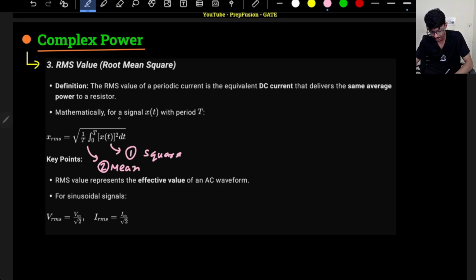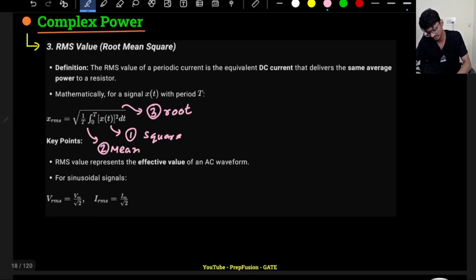Then what you do? Then you take the under root. This is the third step. Okay. So this is basically root mean square.